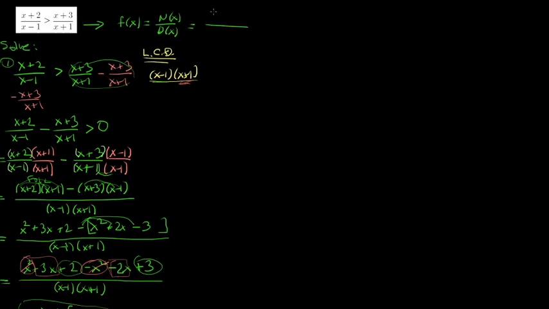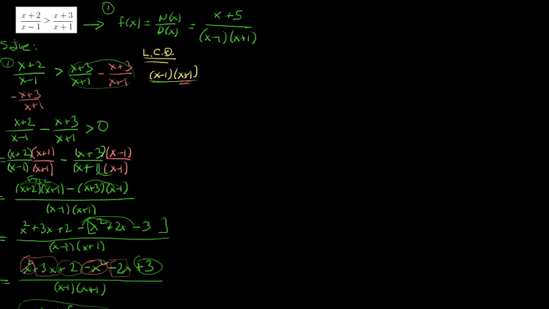Sorry. So the numerator was x plus 5, and the denominator was x minus 1 times x plus 1. That was just step 1. We're not even halfway done, right?